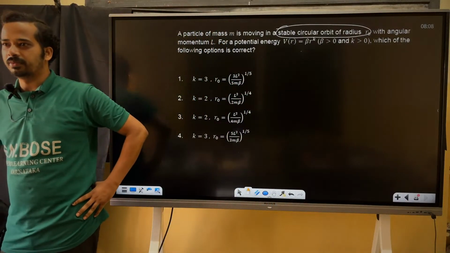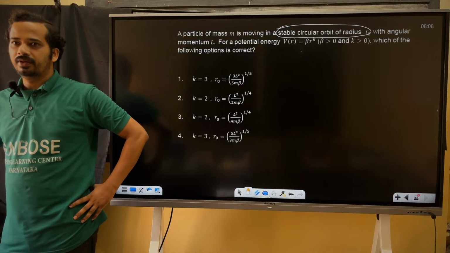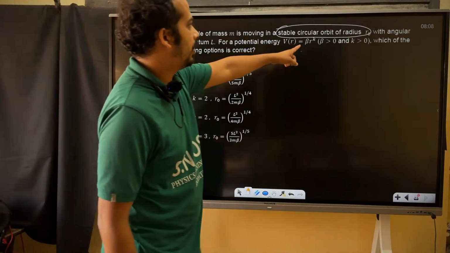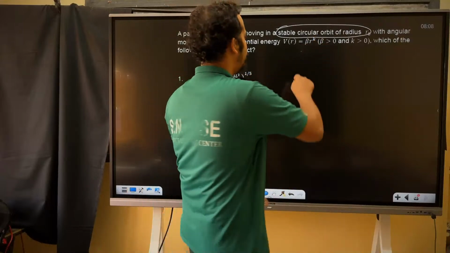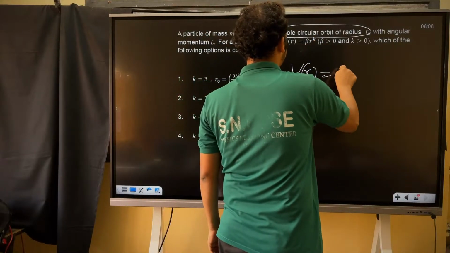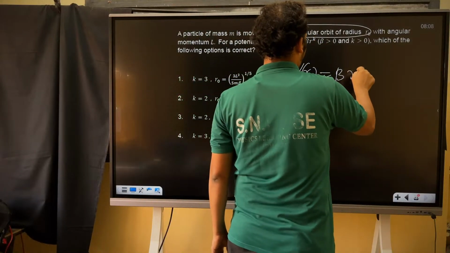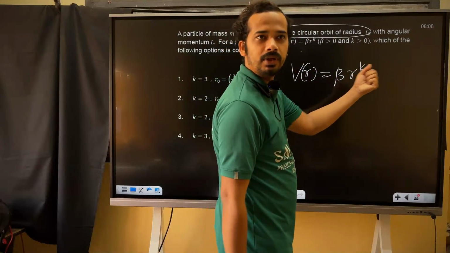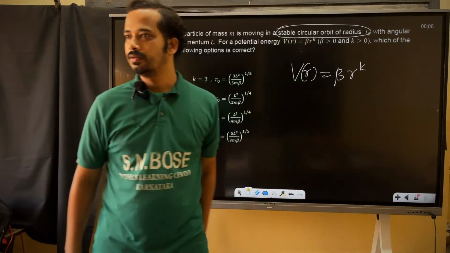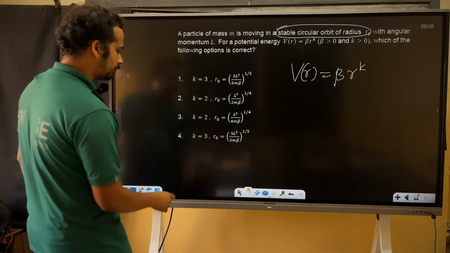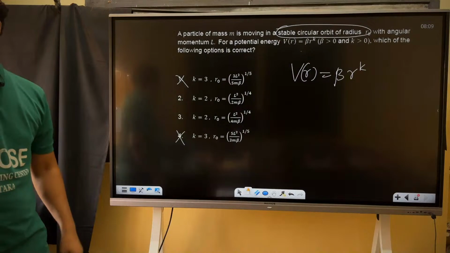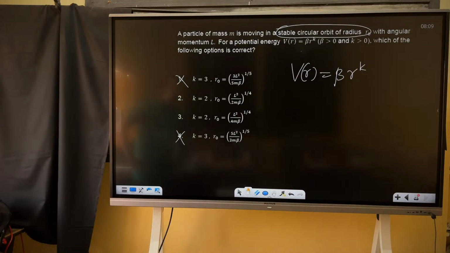We have seen that one, am I right? So I can quickly say k is equal to 2, am I right? He wrote V of r equal to beta r power k, isn't it? Half k r square, Hooke's law. That's why I'll quickly eliminate these two. What do you say? And in the other two, you need to work.